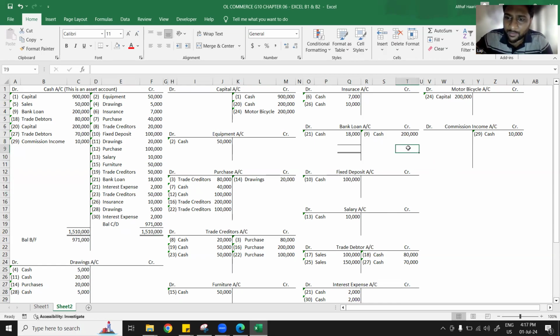Now you tell me in bank loan account which side is bigger? Credit side is bigger or debit side is bigger? Credit side is bigger. So write the bigger value for both the sides.